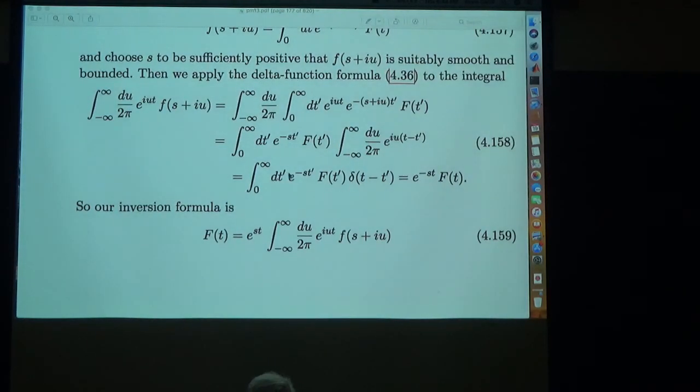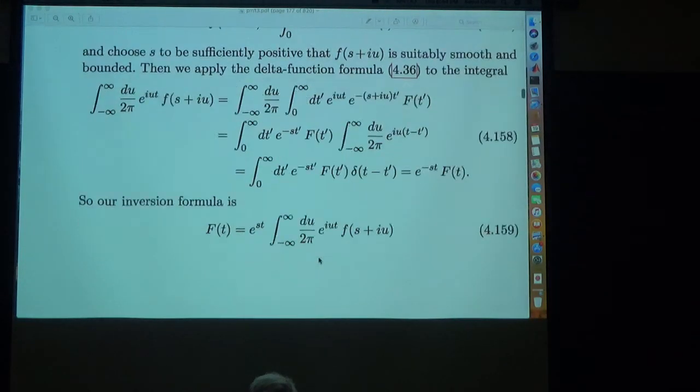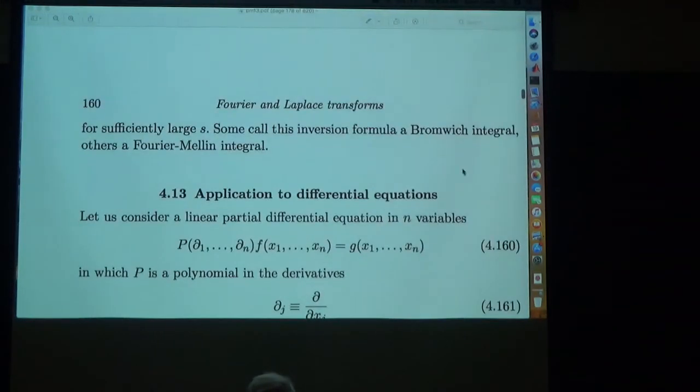It's a delta function that does the integral for us. We get the answer. So the answer is e to the minus st. The inverse Fourier transform is just this funny integral over u of the Fourier transform at high enough real s. And of course the Laplace transform, as you know, the higher s is, the nicer the Laplace transform behaves. And so this is the answer. This is the inversion formula. This is called the Bromwich integral or the Fourier-Mellin transform.